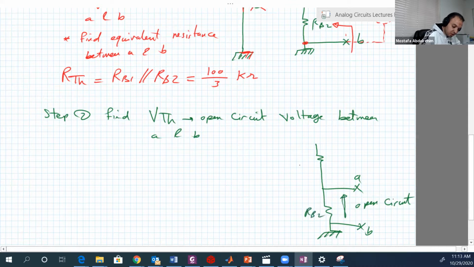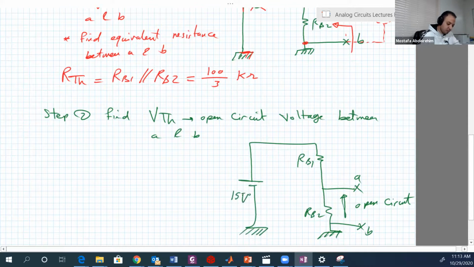This is RB2, this is RB1. Here is the 15 volt. Basically, since this is open circuit, the current flowing in RB1 is the same as the current flowing in RB2. So just a voltage divider.